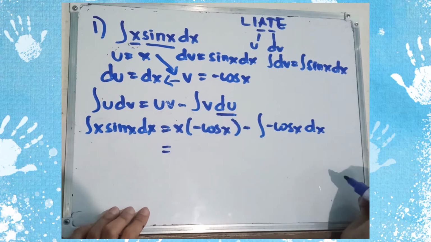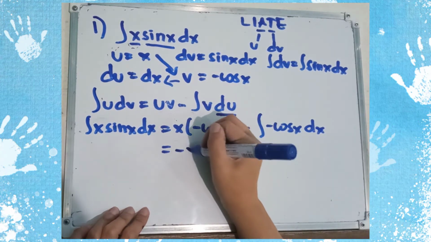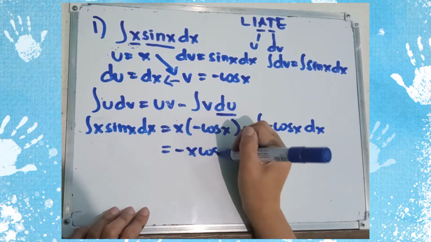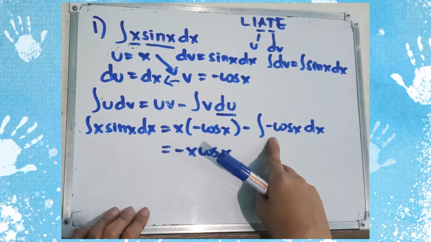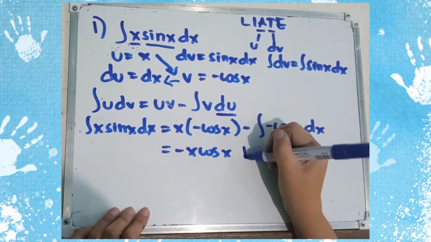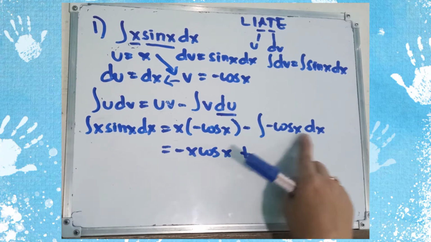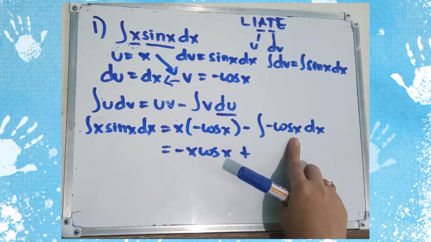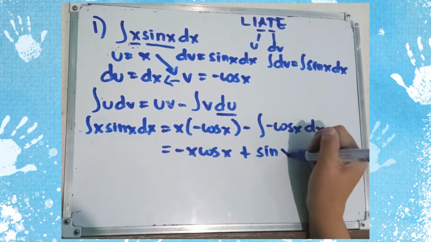Simplifying, that is negative x cosine x, then it's negative and negative, so that will be positive. Again, we have a formula for this: the integral of cosine x is simply sine x.